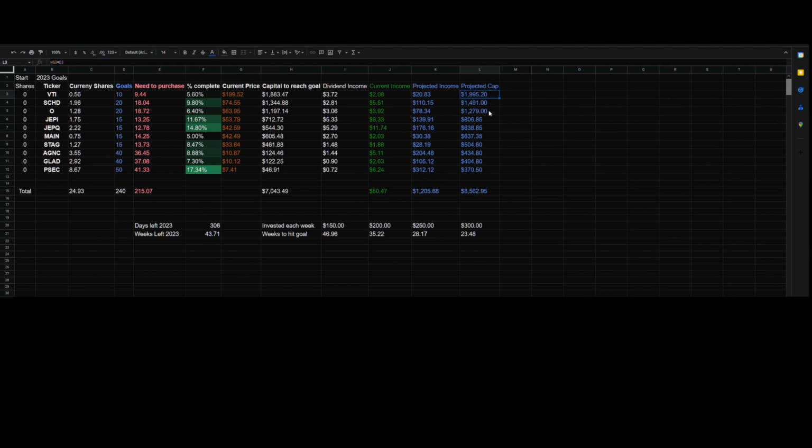And then SCHD, the second main backbone to the account, that's coming in at almost $1,500. Projected income would be $110 just from that. And then we also have here the projected capital showing up here for O at 1,279, JEPI at 806.